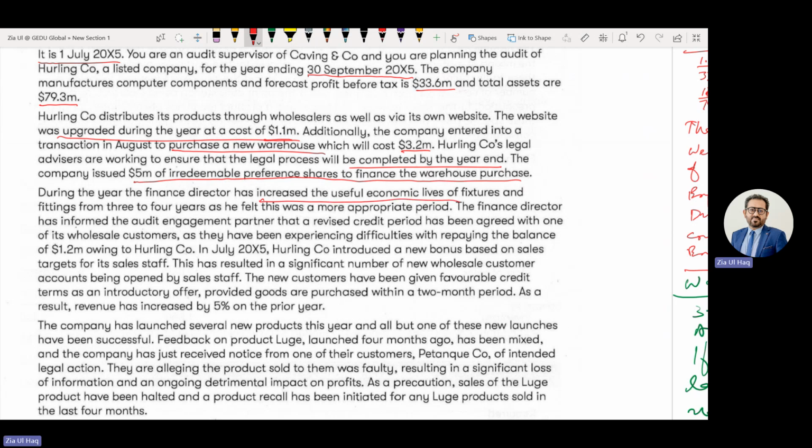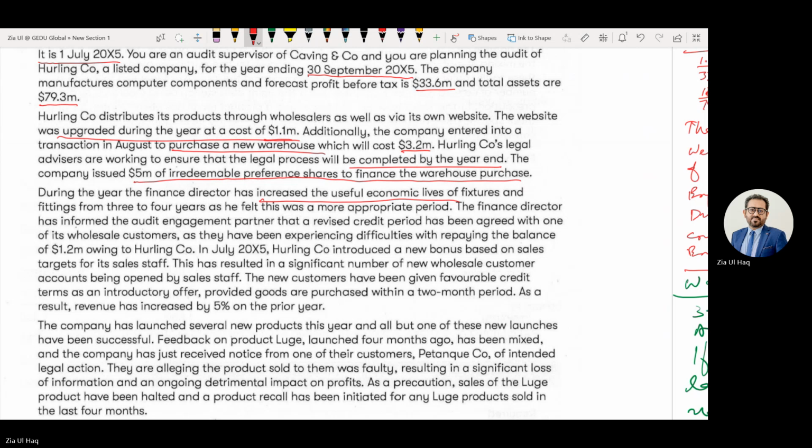Why is it increasing? Increasing useful life, more years, will result in a lesser depreciation charge. Lesser depreciation will result in what? Overstatement of asset and profit, and understatement of expenses. That management tries to do.